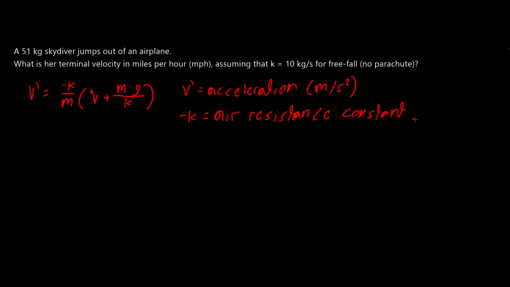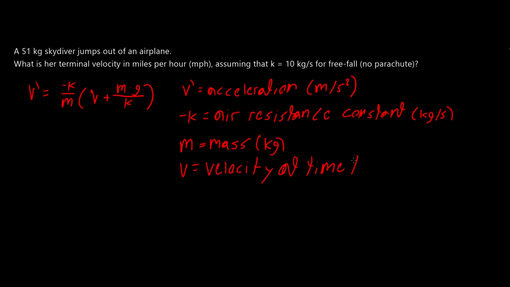And that is in kilograms per second, as I just said. m is going to equal the mass in kilograms. v is going to equal velocity at time t. And that'll be in meters per second. Finally, g will equal gravity, which is 9.8 meters per second squared.